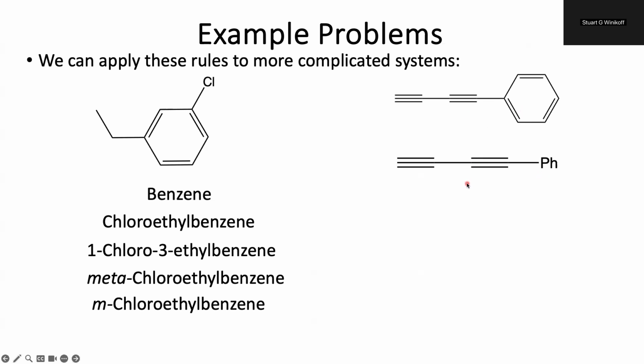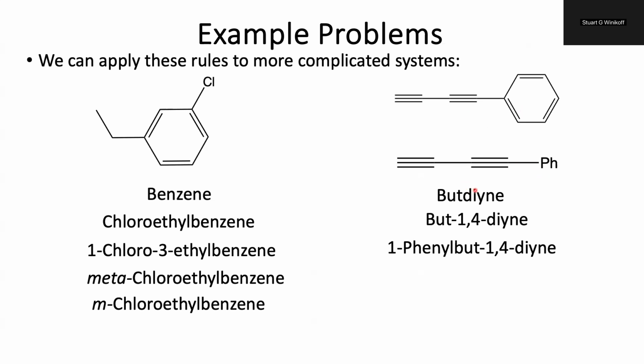It's a 4-carbon chain with 2 alkenes, so it's a butadiene, or specifically buta-1,3-diene. And then I can put that phenyl group at the 1 or 4 position. The easiest place is to put it at the 1 position. So I have 1-phenylbuta-1,3-diene.